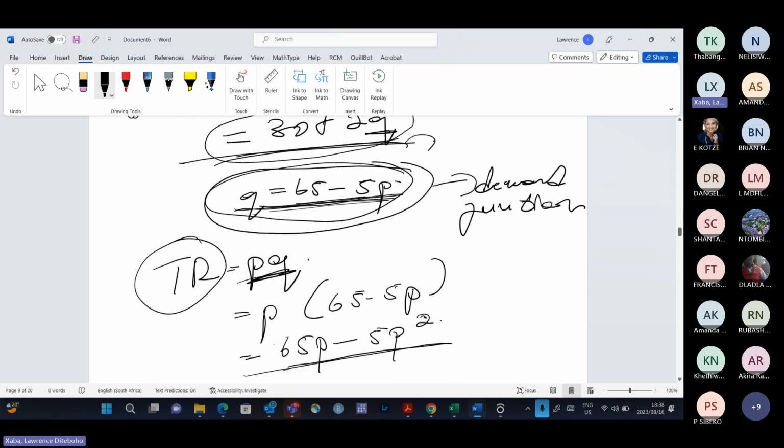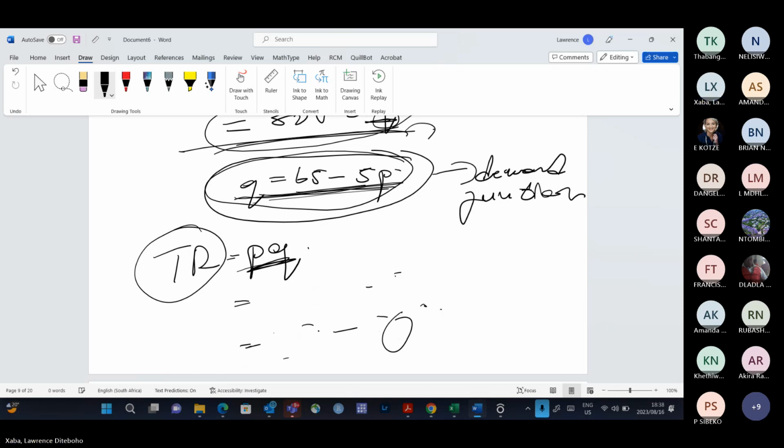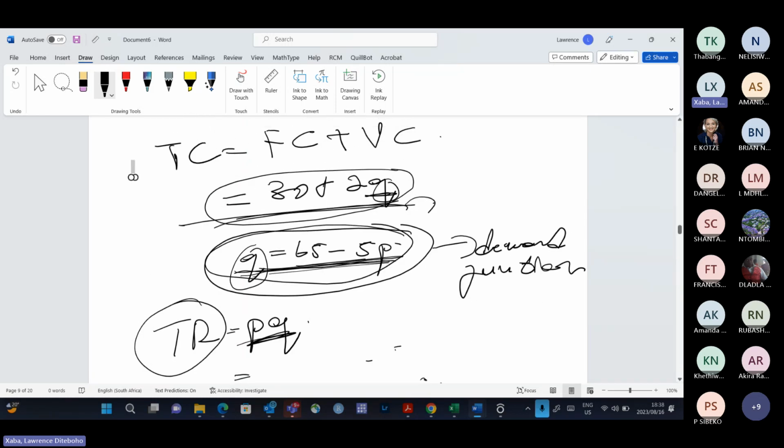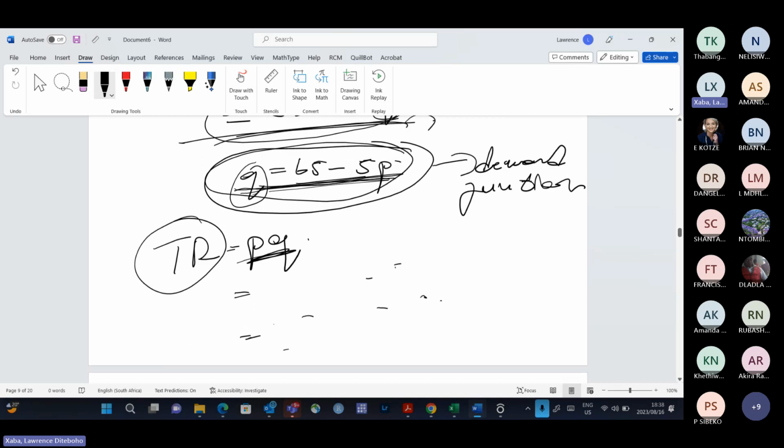If here we have P and there Q, it won't be possible. So let's look at the demand equation, since our interest is to calculate for Q.